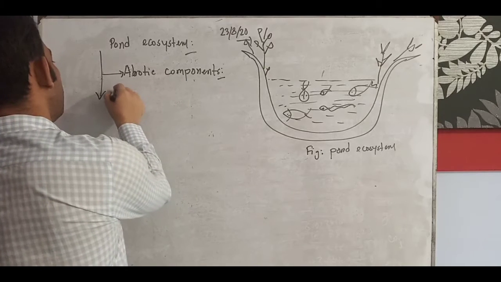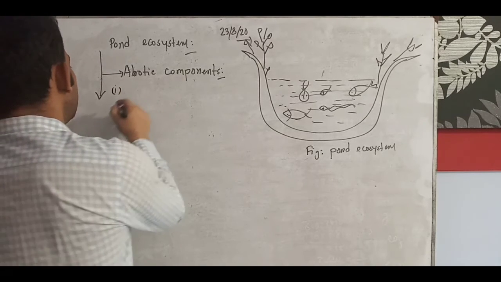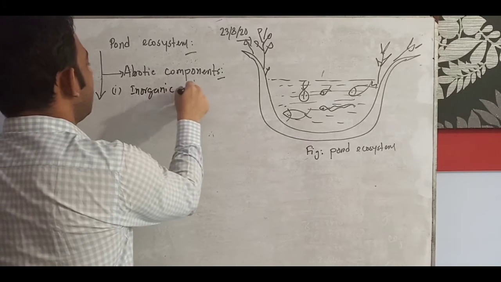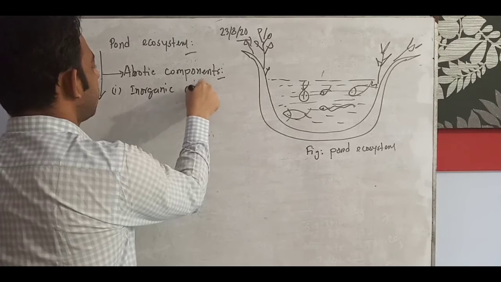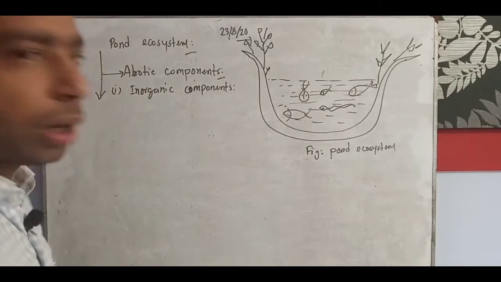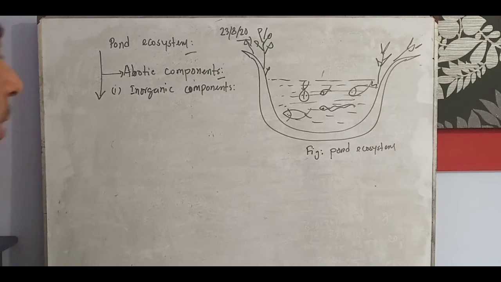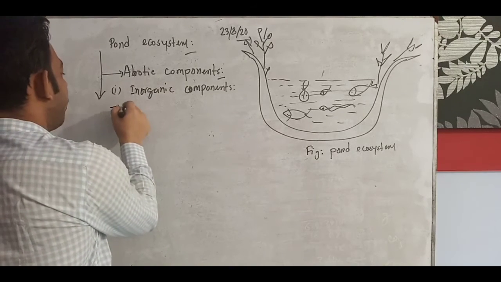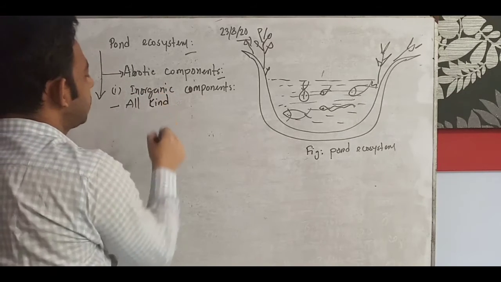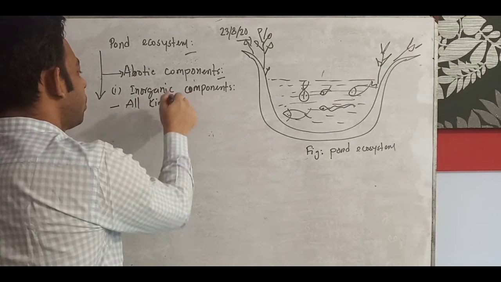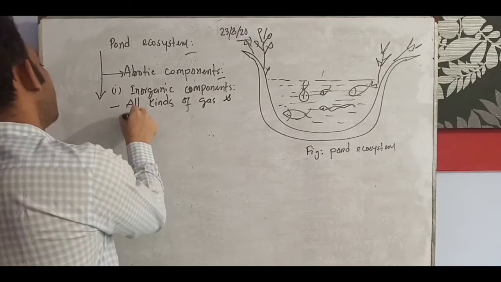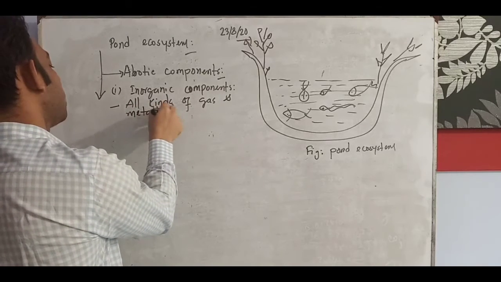Very first, we can write inorganic components. Look here at the inorganic components. Inorganic components include all kinds of gases and metallic ions. I told you this in general understanding in the last class.